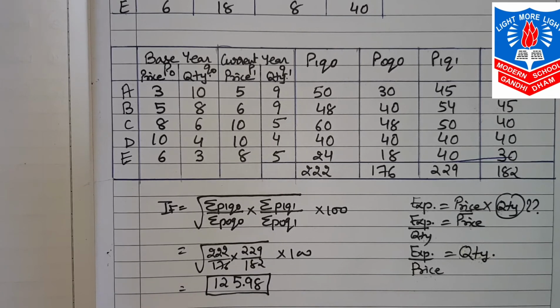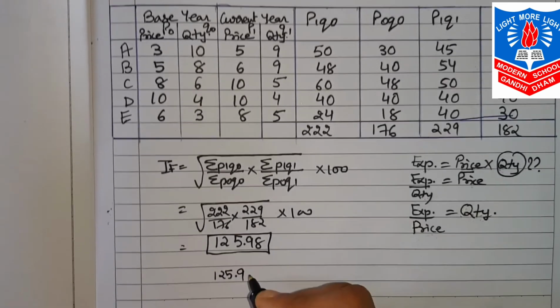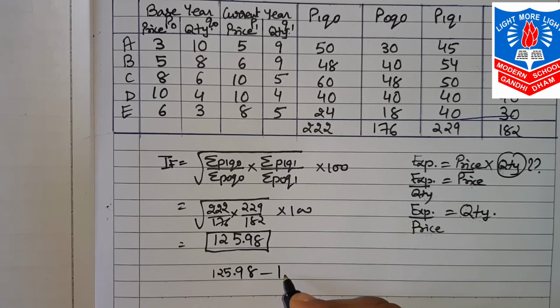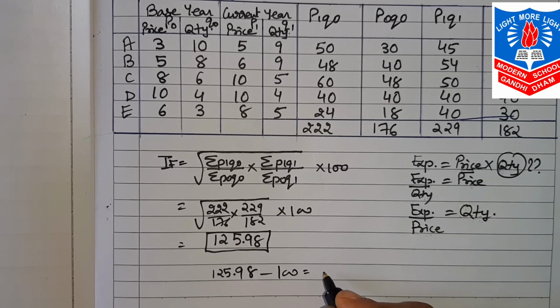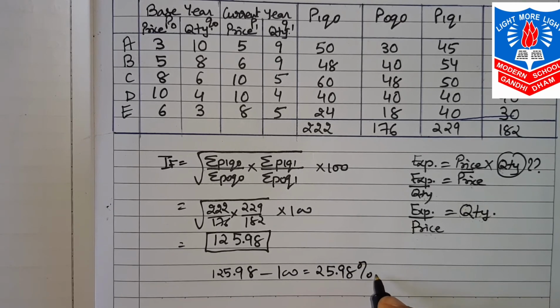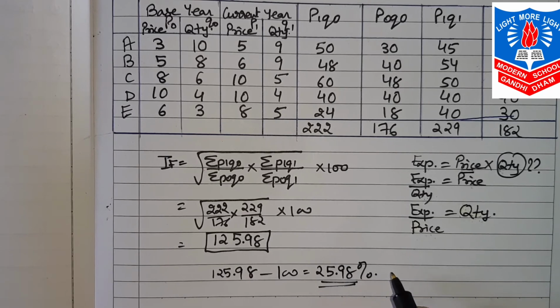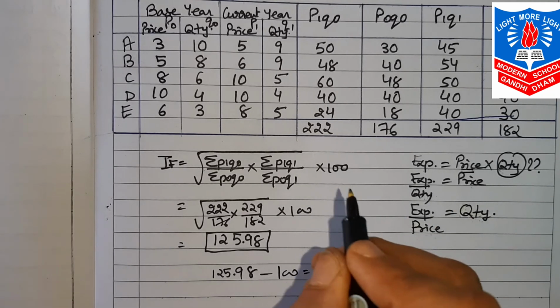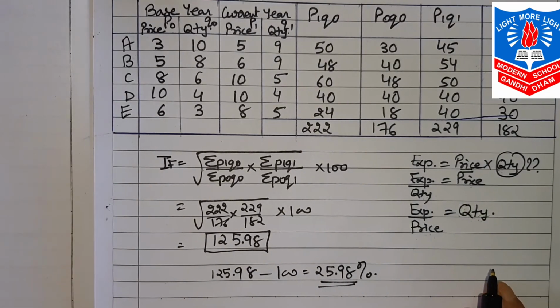Now as you know, we subtract 100, the base year's index number. So in percentage, it is 25.98%, which means there is a rise in the current year's price in comparison to the base year.